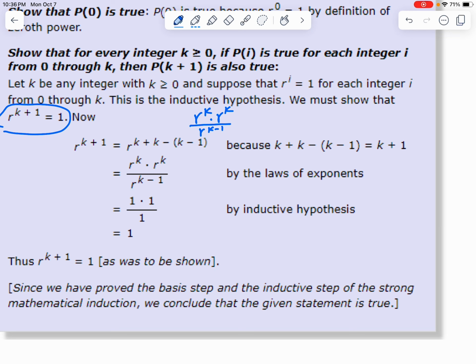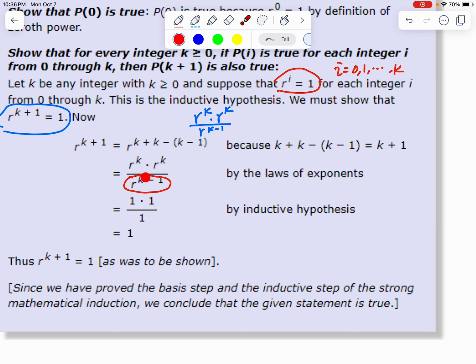So is that true? Where is that from? Let's dig into here. The supposition is for any i from 0 to k, so the i is any number from 0, 1 to k. So for any i here, r to the i will be 1.